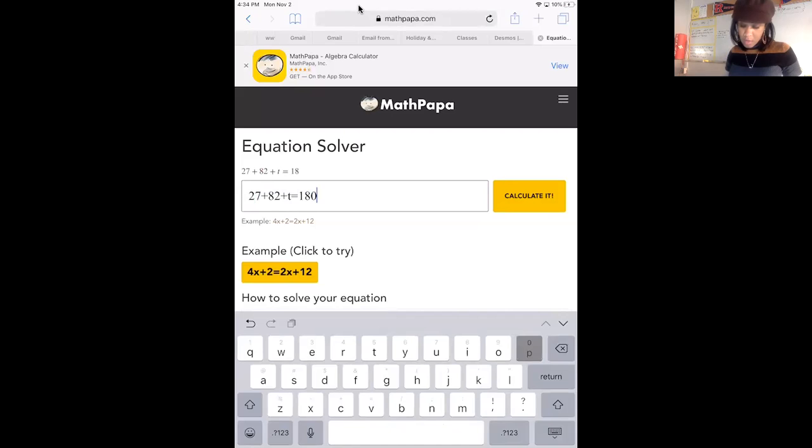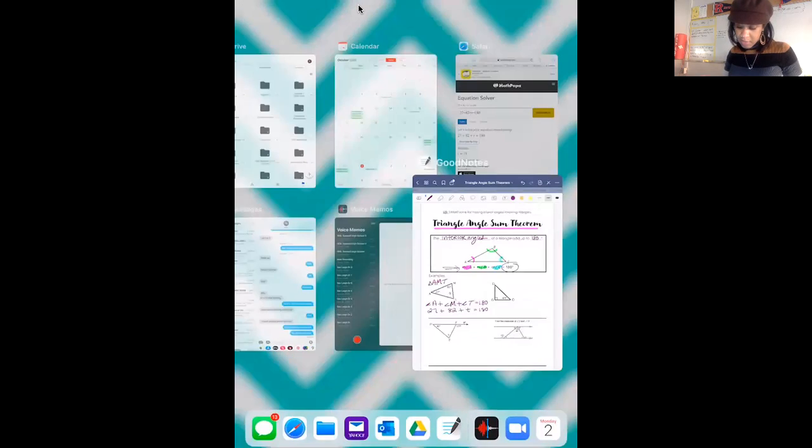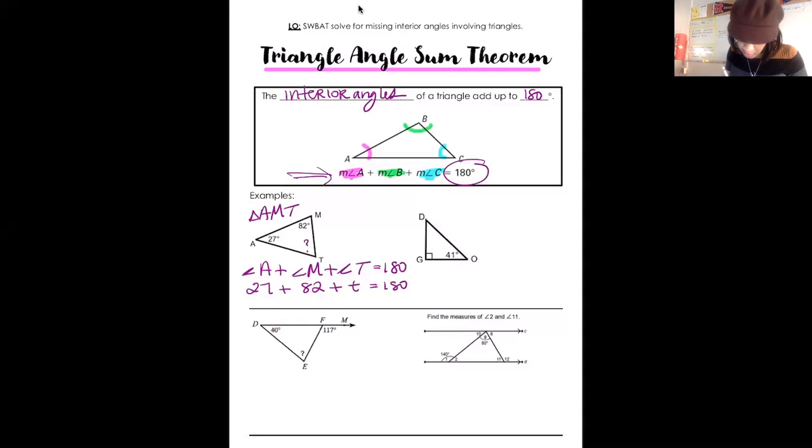T is 71. So the measure of this missing angle is going to be 71 degrees. And we can check our work. That's what I love about this, 71 degrees. If you add 82 plus 71 plus 27, you should get 180. And we do. So that is correct.